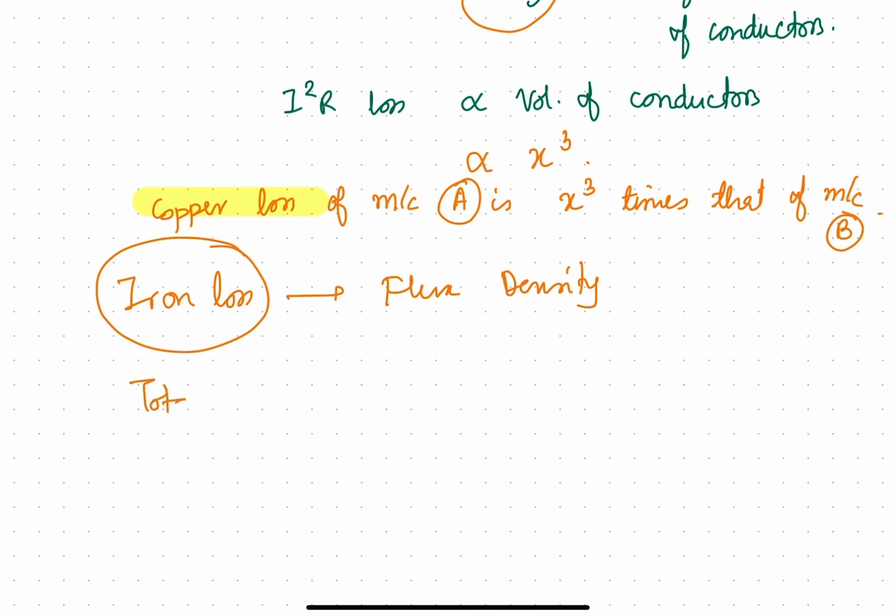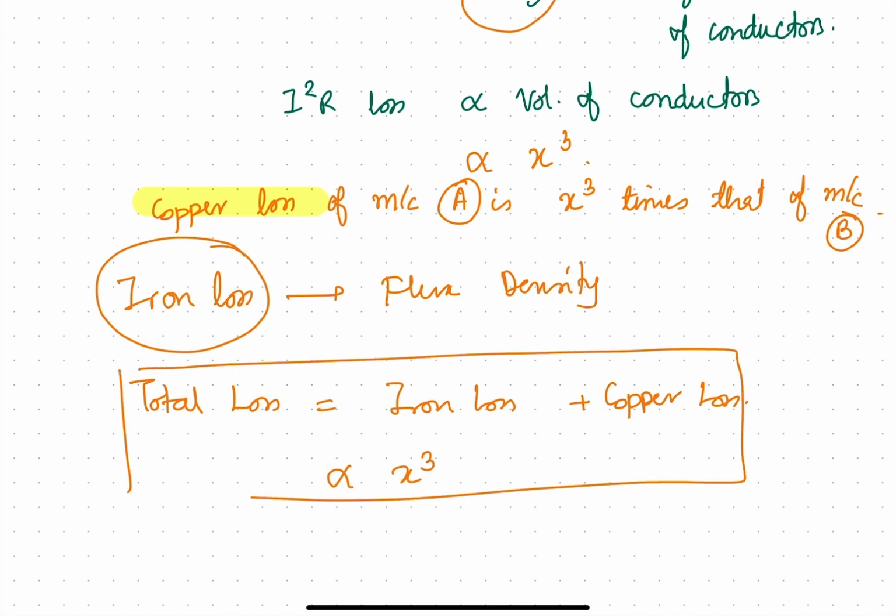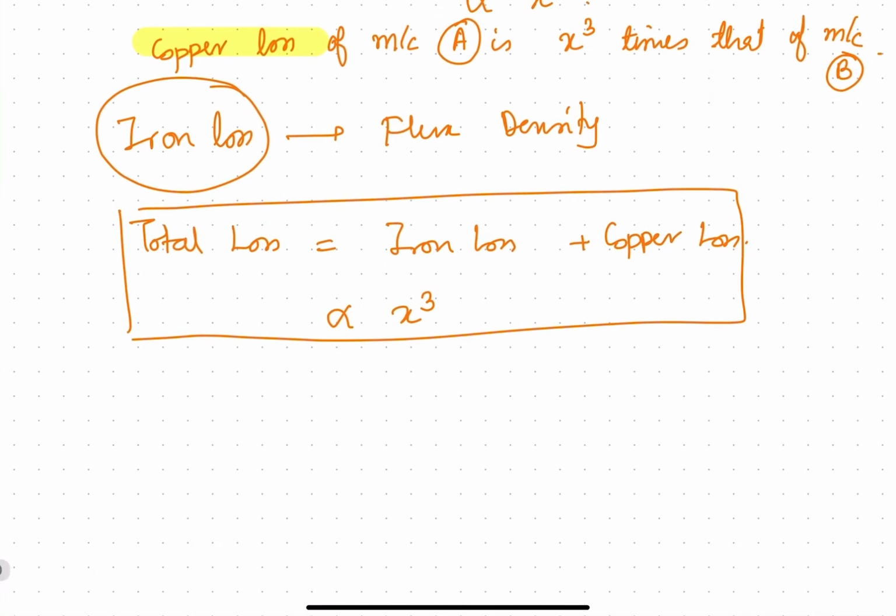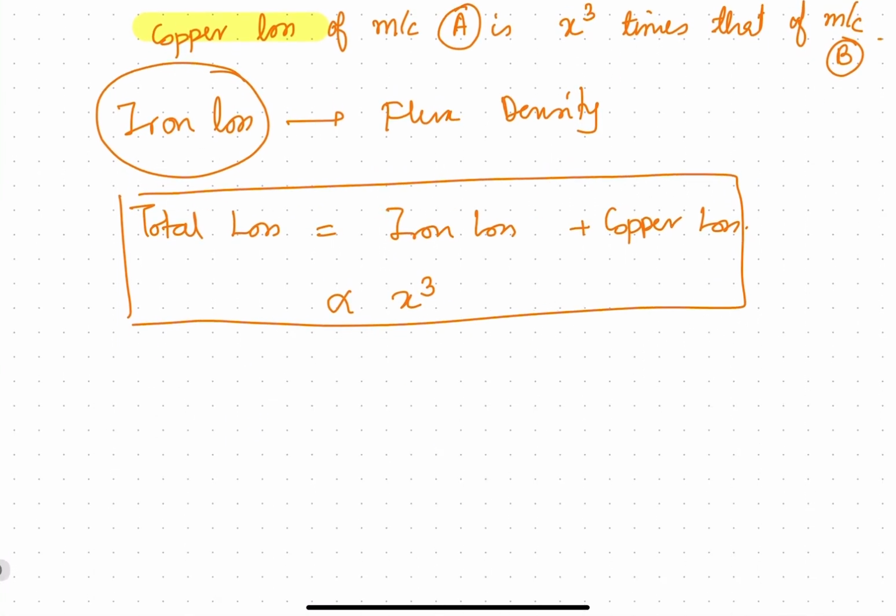The total loss, which is equal to iron loss plus copper loss, we can safely say is directly proportional to x cube for two machines with difference in linear dimensions. Because the iron loss is constant, we only have the copper loss, which is a variable.